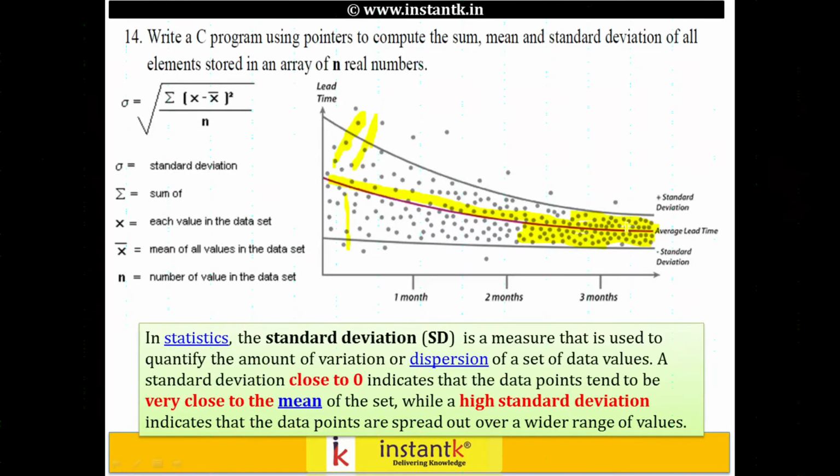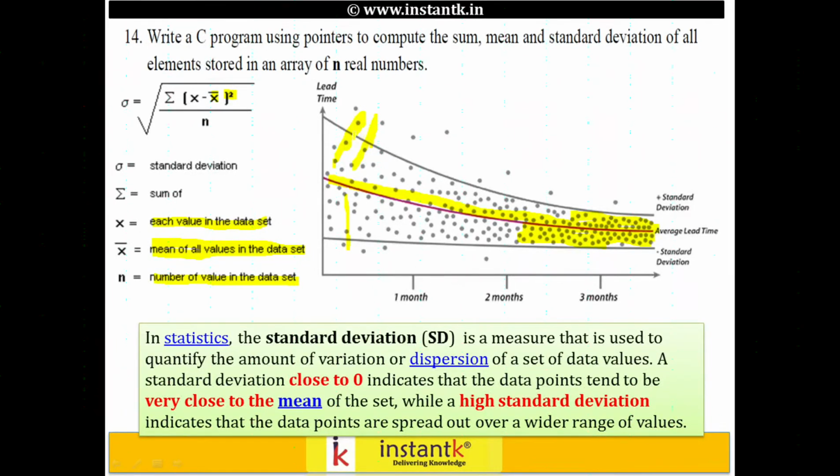So what is the equation of standard deviation? The standard deviation is the square root of the sum of the squares of each value of the data set minus the mean value, the average value of the data set, divided by the number of values in the data set.